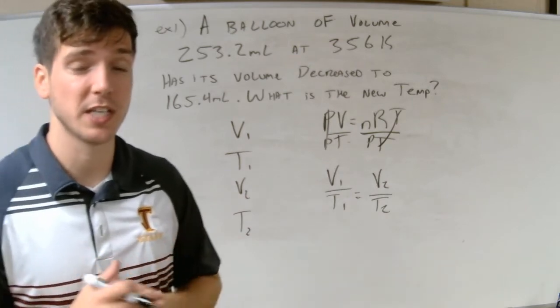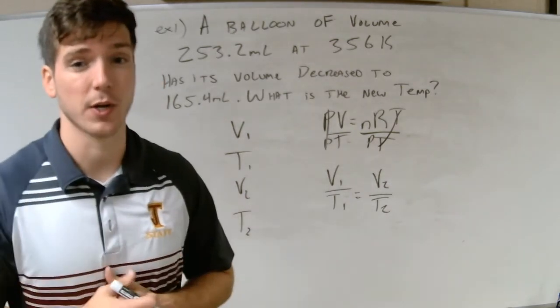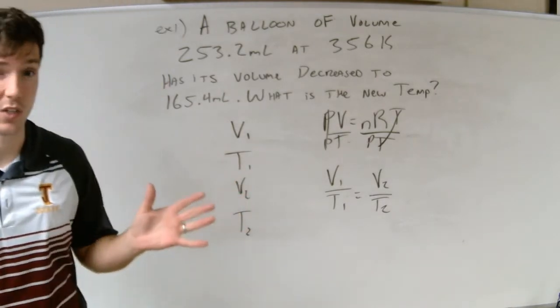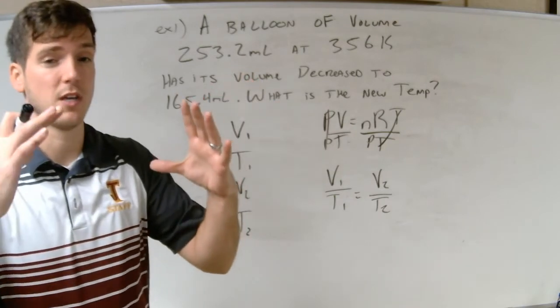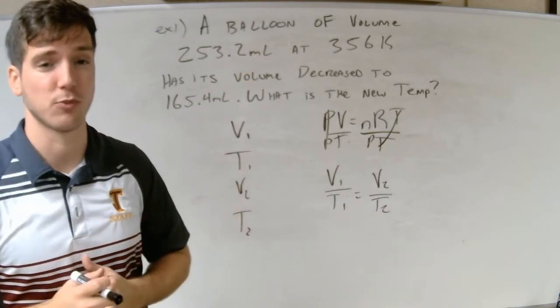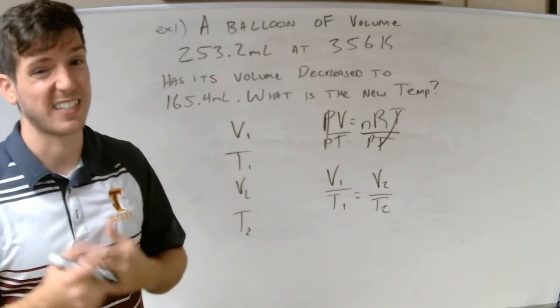So we're looking for an answer that should be lower than 356 degrees Kelvin. Think about that. Again, this is ideal gases, so they're always going to be moving. They're not going to be bumping into each other or sticking to one another, as much as real gases. So if I decrease that volume, they're going to slow down, and that temperature is going to decrease as well.